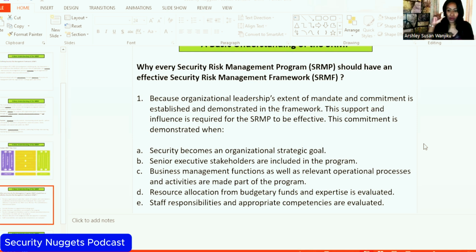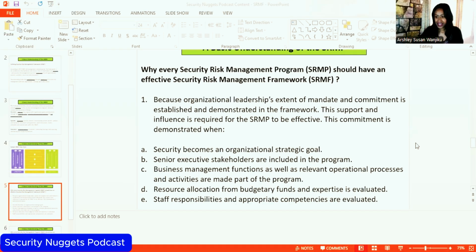That program will have a team. There has to be a senior executive as part of the team. The number of senior executives is to be determined by every specific organization, but there has to be that representation.